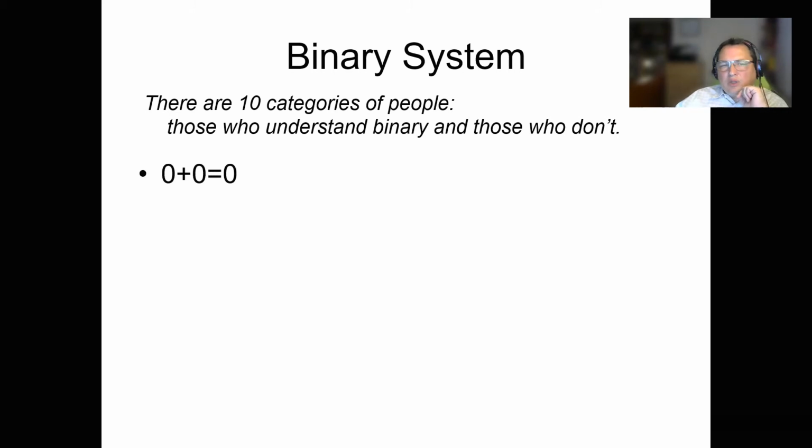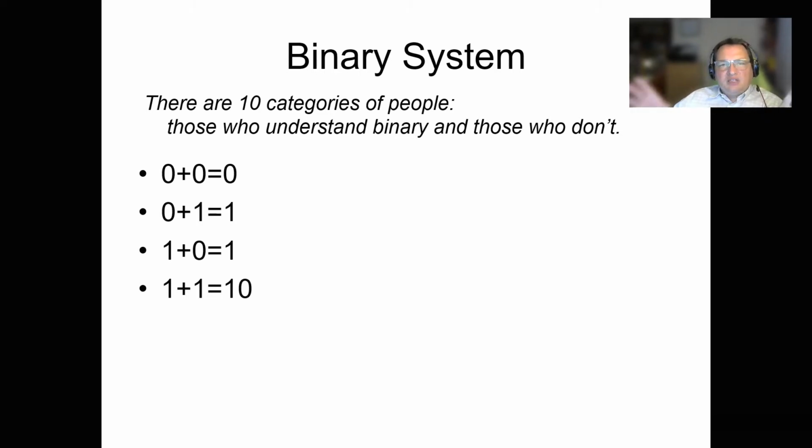Because 0 plus 0 equals 0, 0 plus 1 equals 1, 1 plus 0 equals 1, 1 plus 1 equals 10. That's everything that you need to know about addition in the binary system. If you compare it with decimal addition with single digits, 5 plus 7, okay, 12, 7 plus 9, 16, and so on, so much complication.